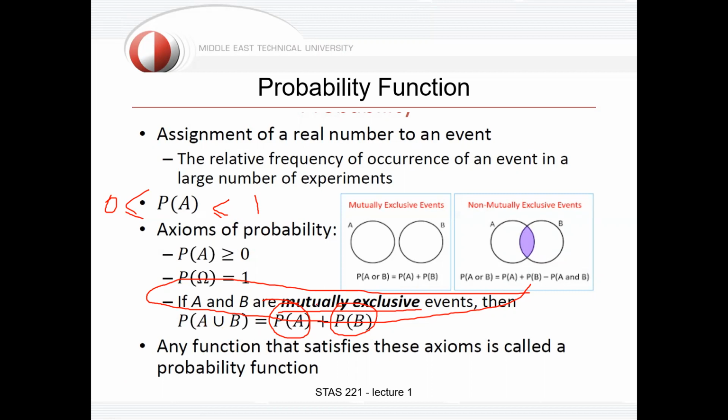When they are disjoint, like this picture, they don't have any intersection. Their union is the summation of marginal probabilities, the single events for each one of them. So whenever there are intersections like this, there are some common elements, then this is not true. This formula does not always hold. Only when they are disjoint, and I explain it in the next slide.